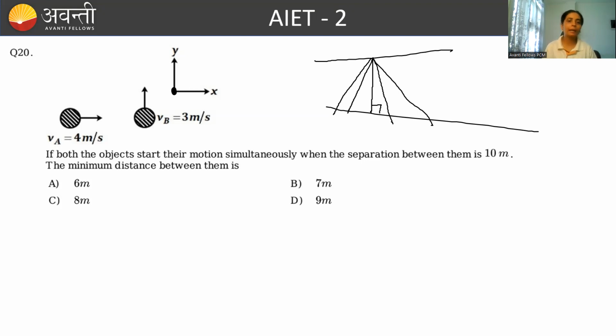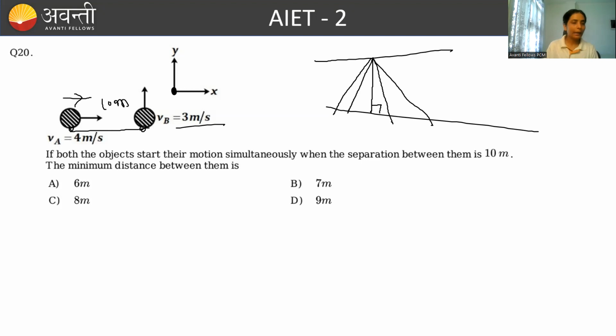ठीक है, तो यहाँ पे actually क्वेश्चन में ये गिवन है कि there is a body A moving in forward direction with 4 meter per second. There is a body B moving in upward direction with velocity 3 meter per second. Initially they were at a separation of 10 meter, it is given in the question.